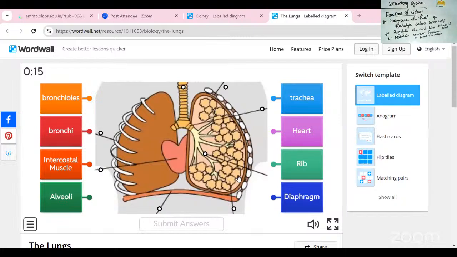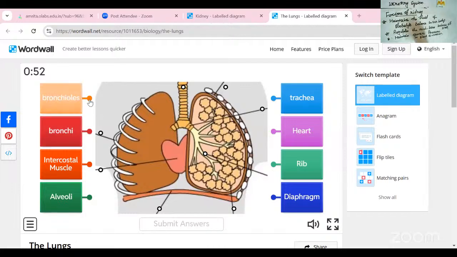Bronchus, bronchi, intercostal muscle, alveoli, trachea, heart, rib, and diaphragm. There are two lungs in our body, left lung and right lung. I think I already explained the parts of the lungs. Students, do you know the correct part of the lungs?